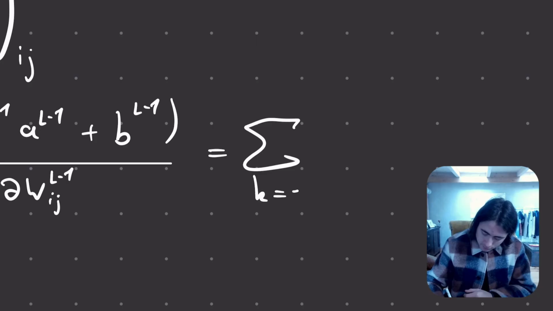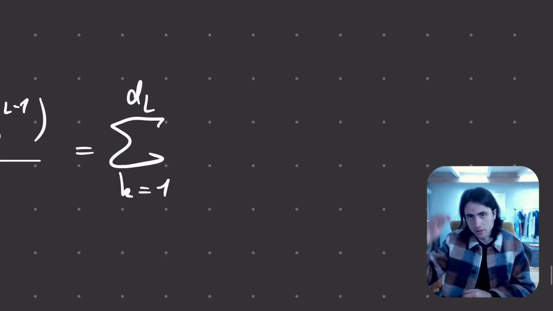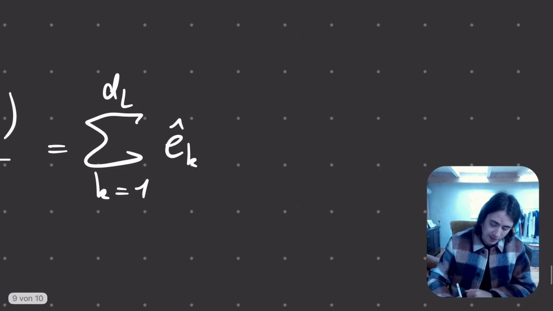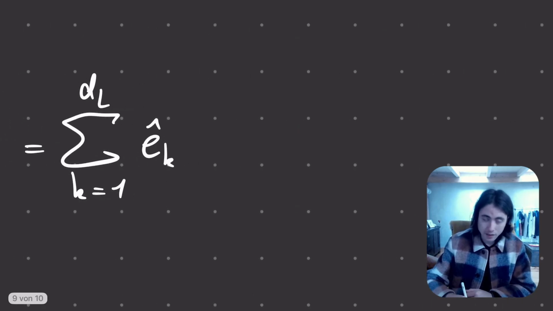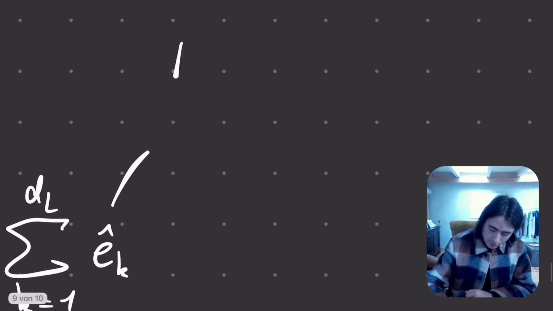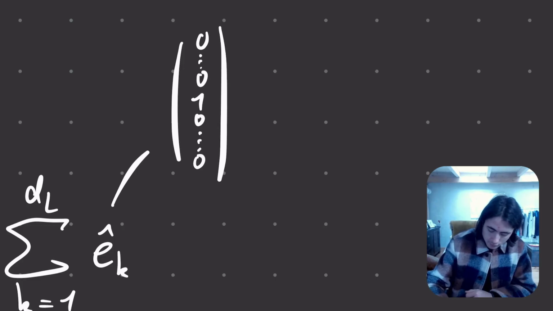So I can just write this as a sum from 1 to dl, because dl is the number of entries we have, and this little e hat k signifies that I mean the kth unit vector. And in case you don't know what that is, that's just a vector which has 0 in all entries except 1 in the kth entry, and yeah, that's it.